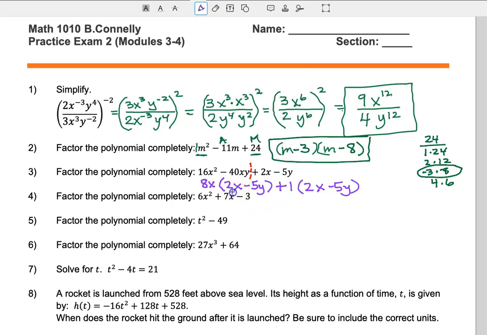All right, and now we notice these are exactly the same, which is what they need to be in order to do this factor by grouping. And so the common factor goes in one parenthesis, the 2x minus 5y, and then the other parenthesis are leftovers. 8x plus 1 goes in the other one. And so that is now in factored form.